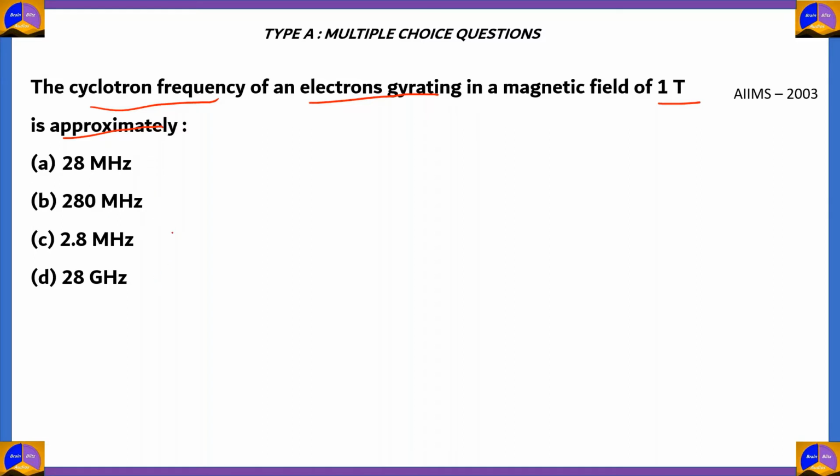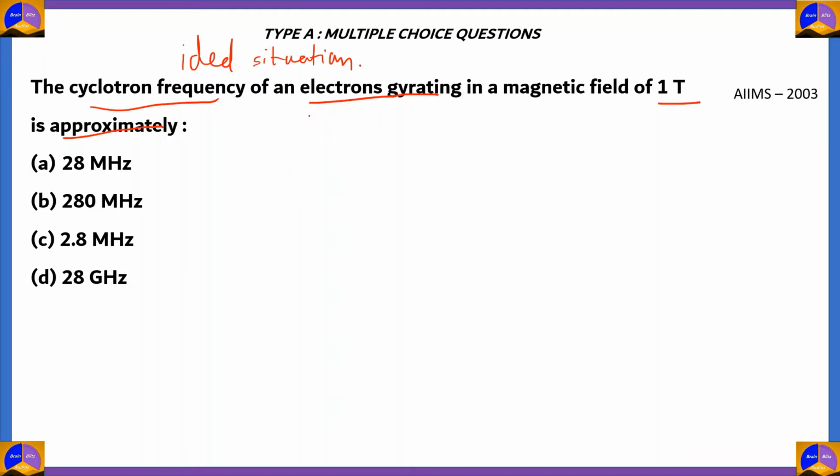Now, this question is an ideal situation because in most cases, cyclotrons never accelerate electrons because there is a problem in synchronization when an electron is accelerated in a cyclotron. It does not happen in real life. Having said that, let's move on to the question.